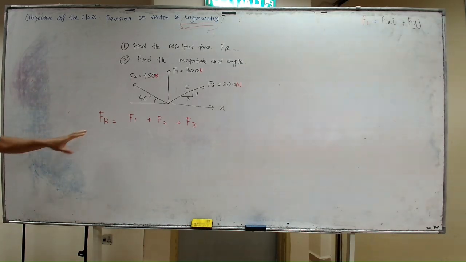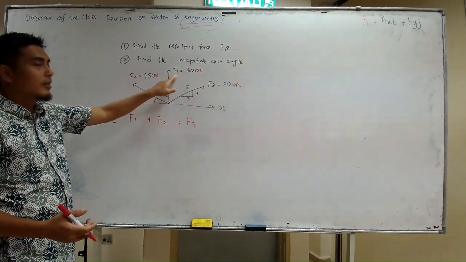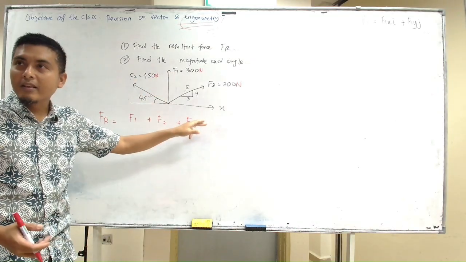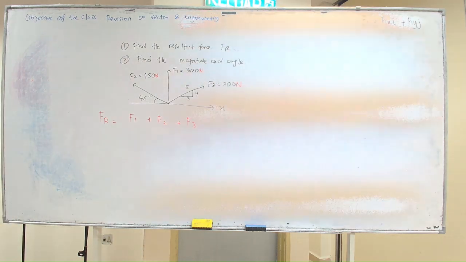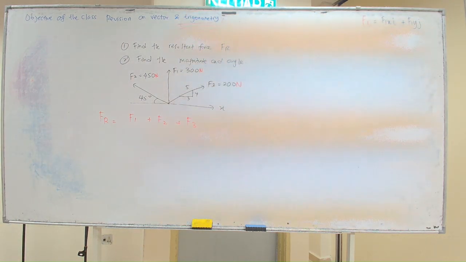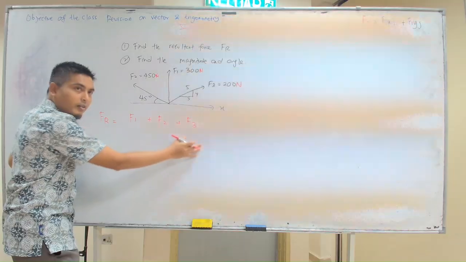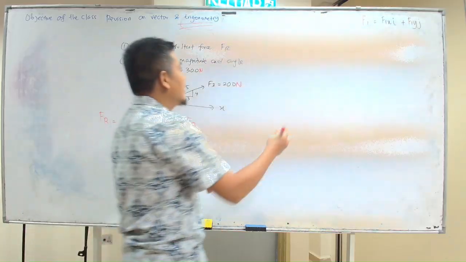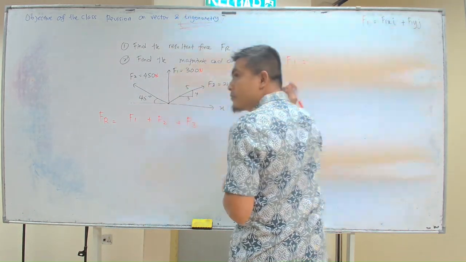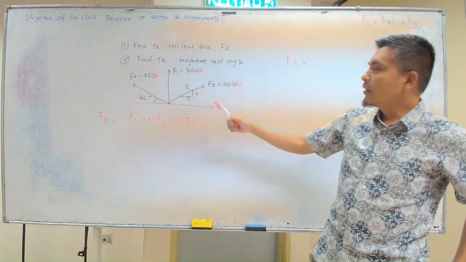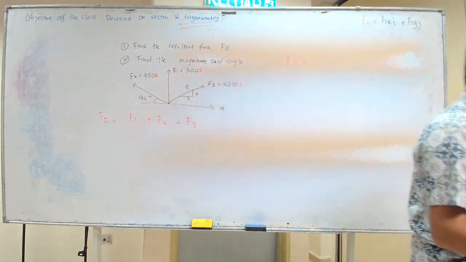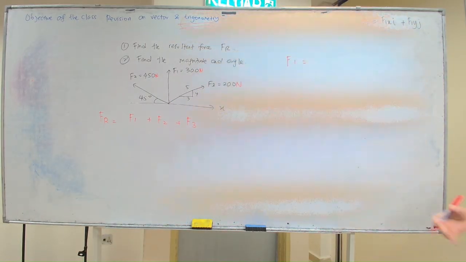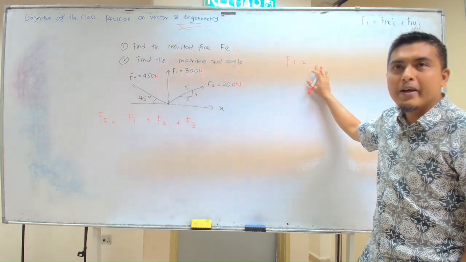You know the basic that if you want to find the FR, FR is a combination of F1, F2, and F3. Remember what we learned before, we need to find every F separately. Okay, so this is our basic. So now we need to find F1. Go to the basic again. We need to find the direction of F1. Is it correct? So what is the vector of F1?